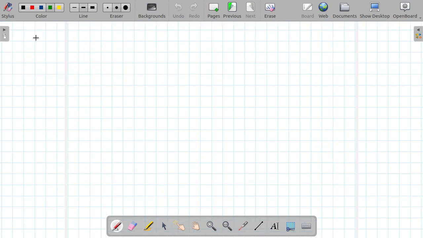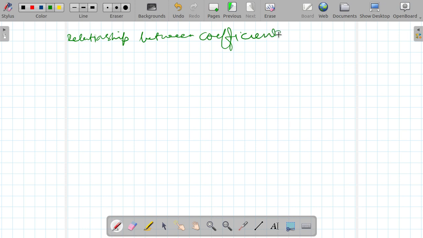Now let us find out the relationship between coefficients of direct and inverse transformation.